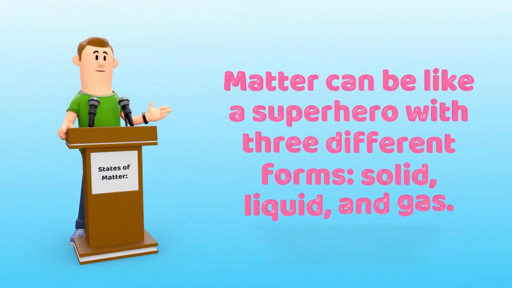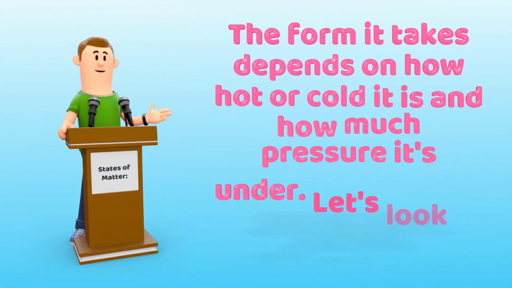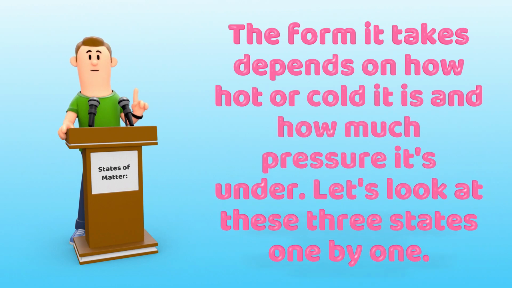Let's now start the states of matter. Matter can be found in 3 states that are solid, liquid, and a gas. The form it takes will depend on different factors such as the temperature and its pressure. Let's now look at these 3 states of matter in detail.